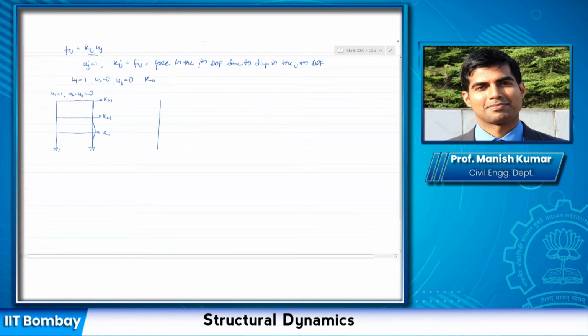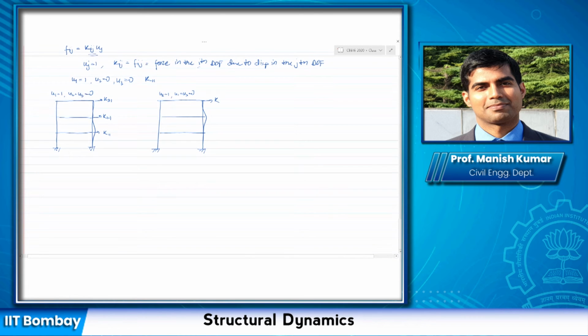Second case would be, I apply a unit displacement, so the deformed shape would look something like this. Okay, so U2 is equal to 1 here, and U1 equal to U3 equal to 0. And again, I will have to apply force here.